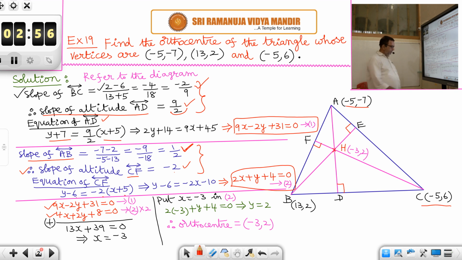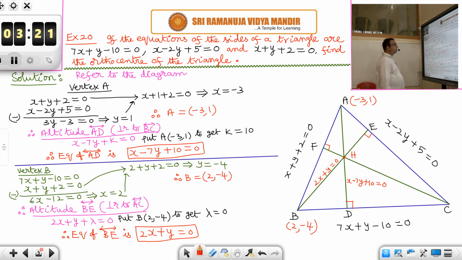Then subtract, you will get 13x plus 39 is equal to 0, so x equal to minus 3. Put x equal to minus 3 in the second equation, you get y is equal to 2. So x is minus 3 and y is equal to 2, so the orthocenter is minus 3 comma 2. I have marked it here. Orthocenter H is minus 3 comma 2.